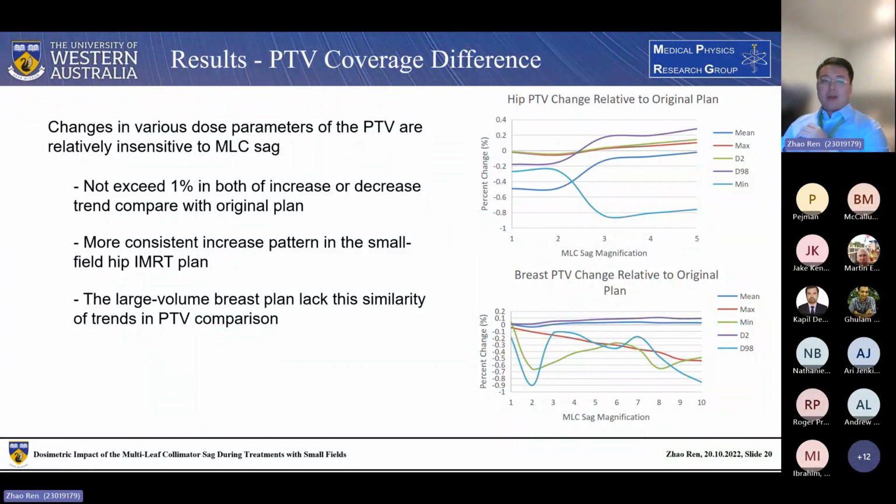All of the outcomes do not exceed 1% in either increase or decrease compared with the original plan, but there is a more constant increase pattern in the small field hip IMRT plan, and the large volume breast plan shows a similarity of trends in PTV comparison, as you can see in these 2 figures.